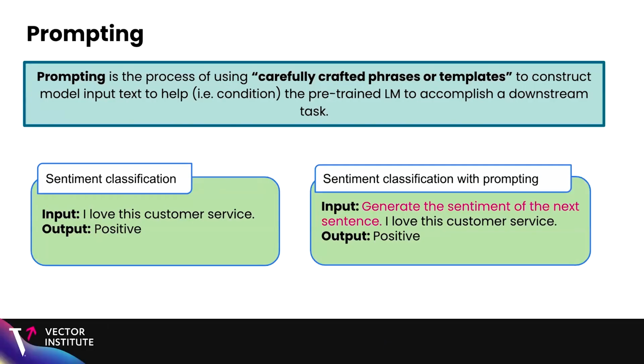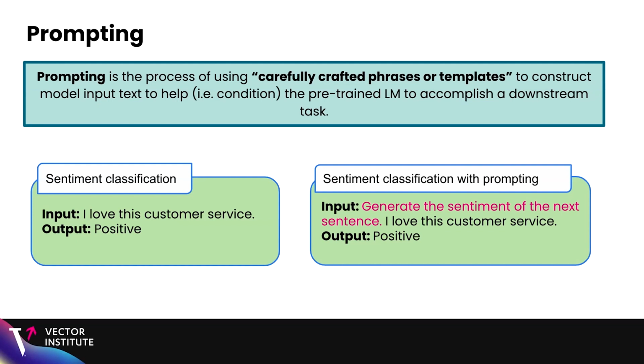As a simple introduction to prompting, we have very powerful pre-trained language models, and they can generate any text. We want to guide this language model to generate our desired output in a downstream task. For example, here on the left we have a sentence classification task where we have a review as an input, and in the output we want the language model to generate its sentiment.